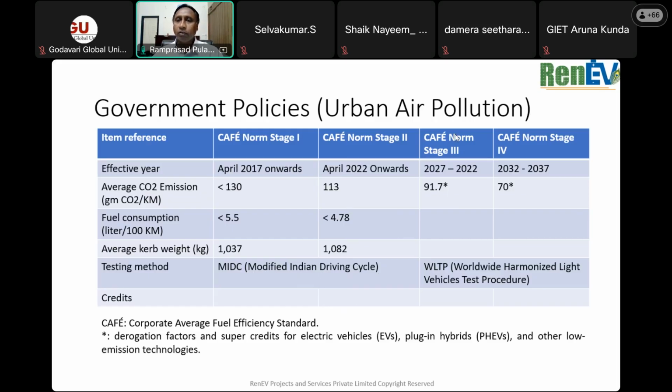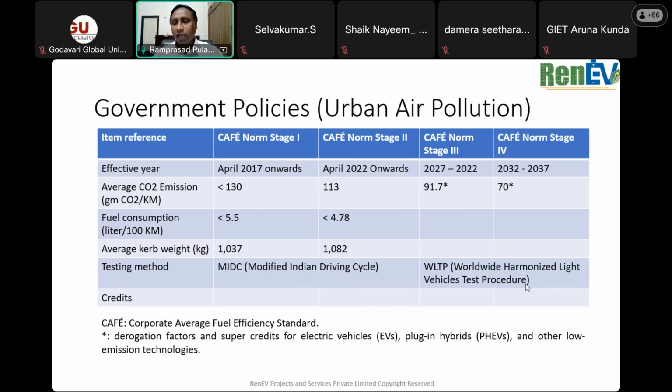Whereas if you go into CAFE norm stage 3 and stage 4, they are transitioning to an international standard, which is WLTP, the Worldwide Harmonized Light Vehicle Test Procedure.